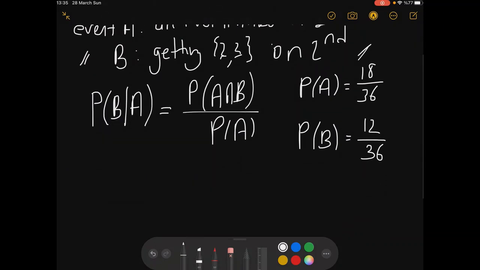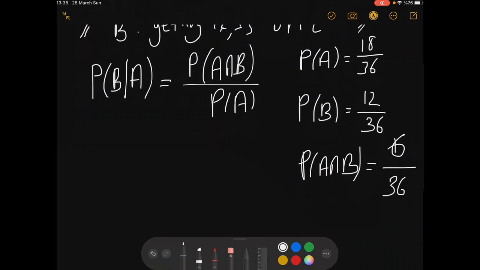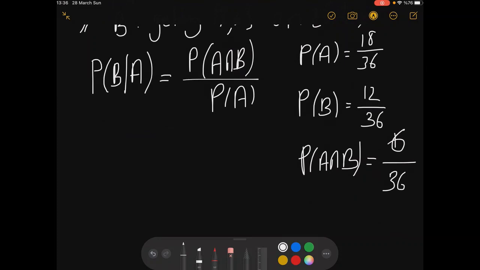And I know that the probability of A intersection B is only 6 events over the sample space of 36. We can easily find this with the multiplication method that we discussed a few moments ago, both of them happening at the same time. That's the idea.